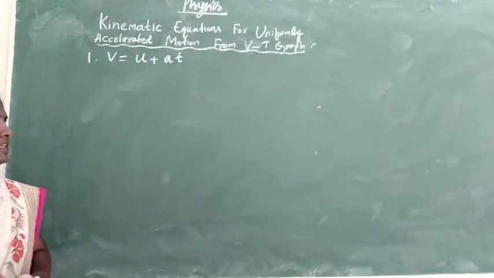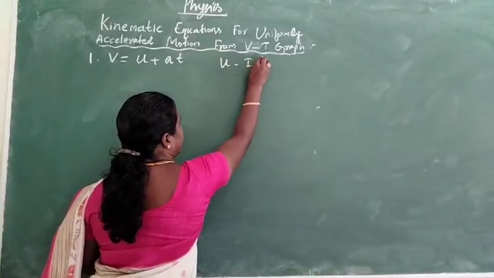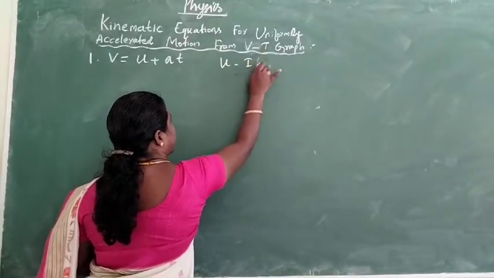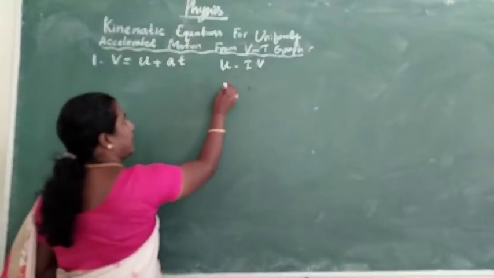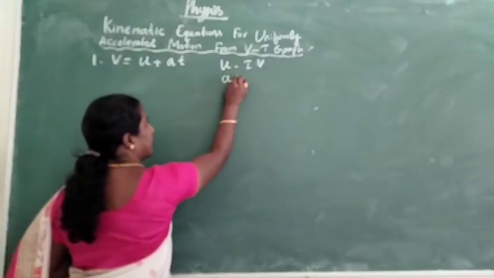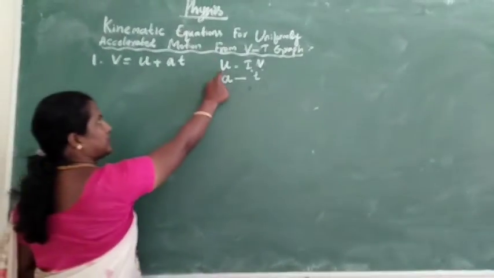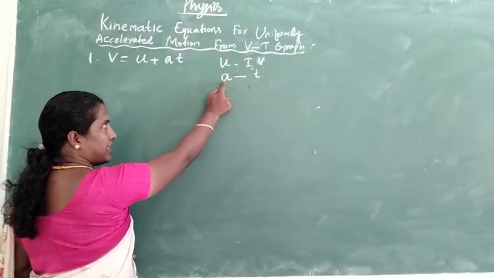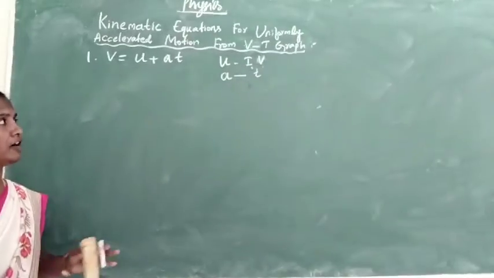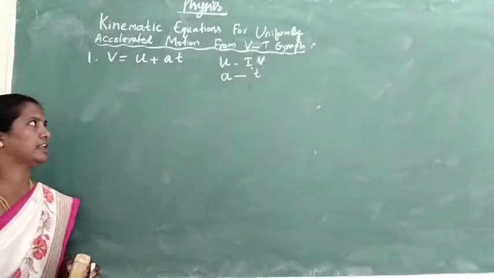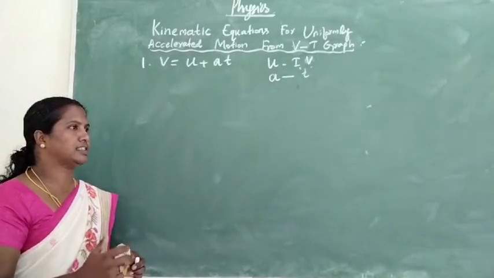For this, let us consider an object moving with the initial velocity U with a uniform acceleration A for a time interval T. The acceleration is said to be uniform, that is, there is no change in the acceleration.